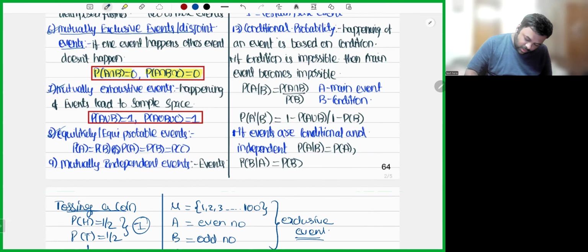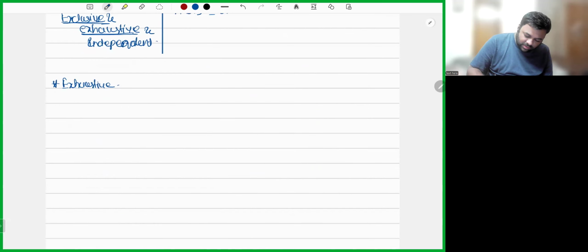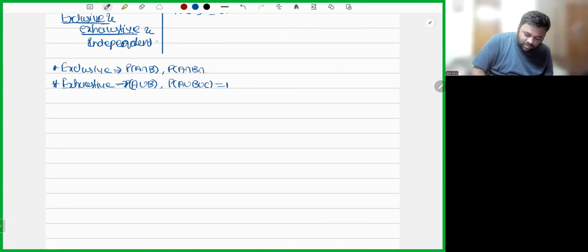Exhaustive events means P of A union B, or P of A union B union C, will be equal to 1. Next, exclusive events. Exclusive events means if one event happens, automatically the other event gets rejected. P of A intersection B, and P of A intersection B intersection C, is equal to 0.